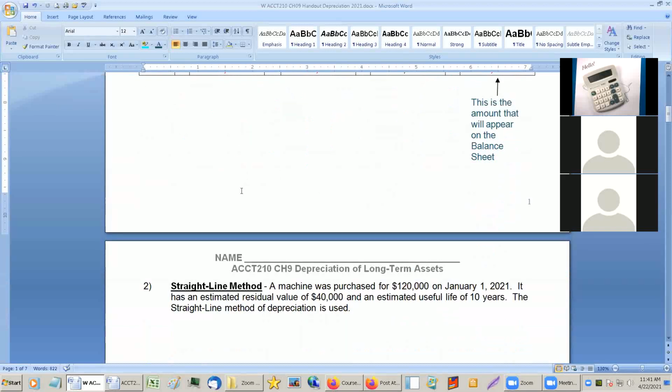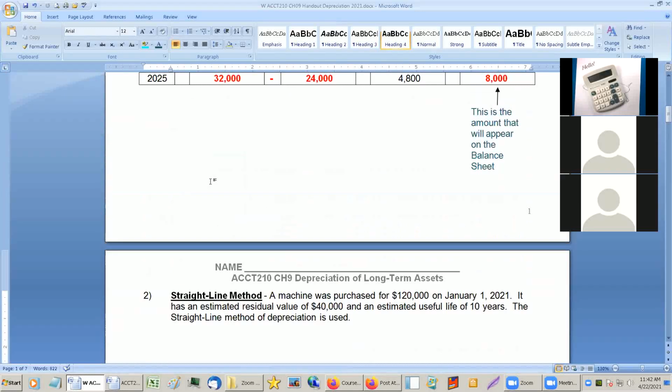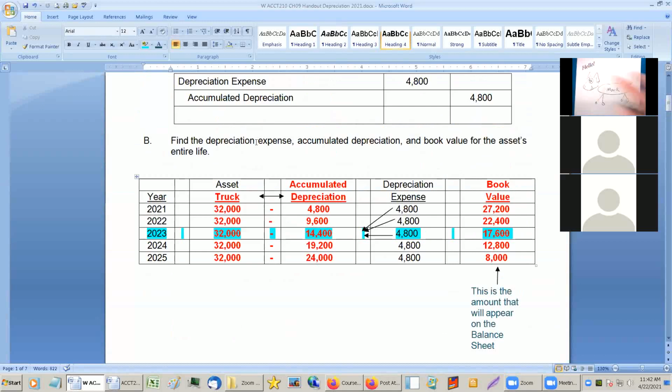Okay, let's go to. Oh, wait a minute. I want to tell you why they call it the straight line method. It's called the straight line method because it decreases in value in a straight line. So it looks like this.